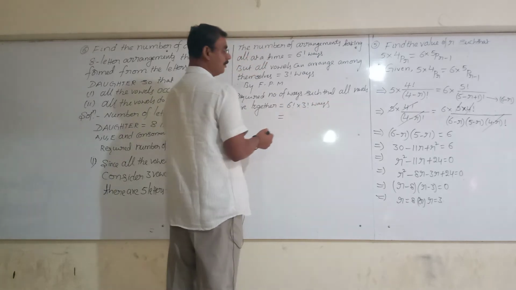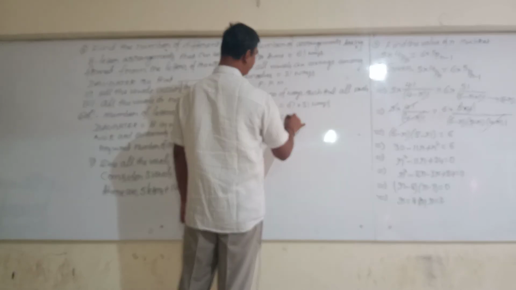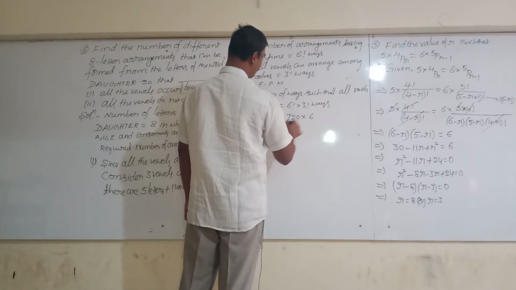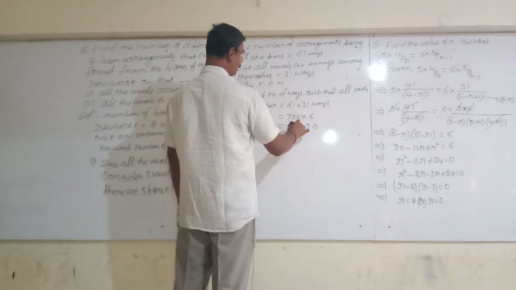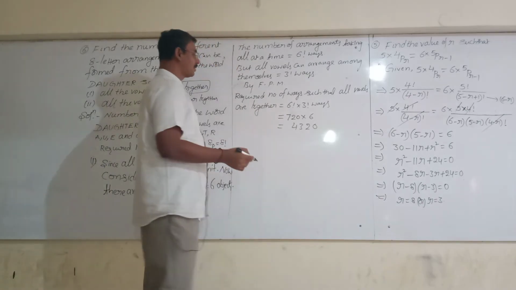The value of 6 factorial is 720, into 6, that is 4320 ways.